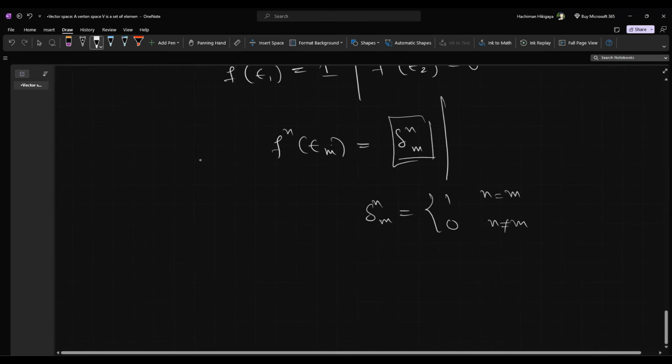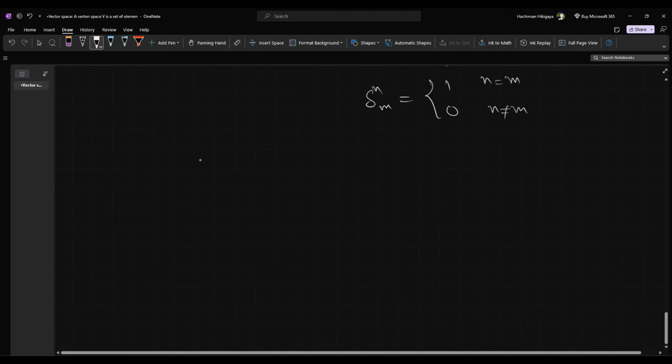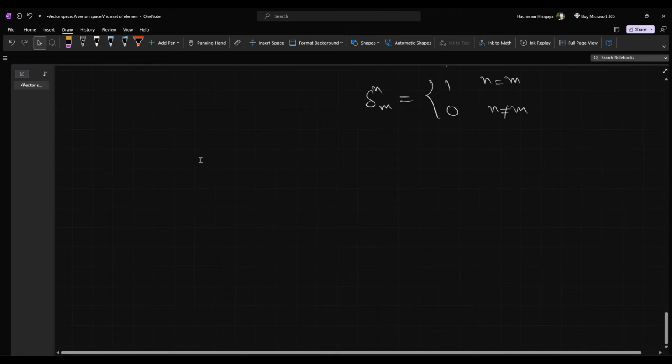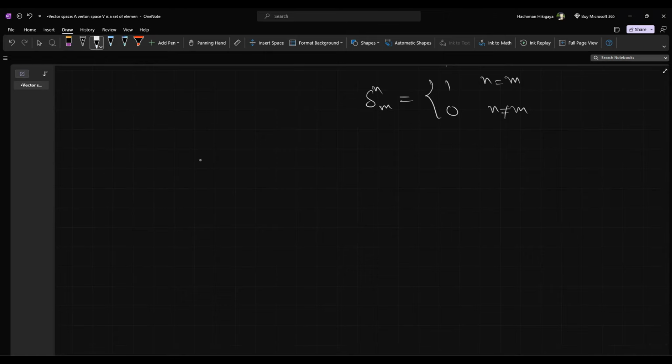Now you might have noticed how I wrote the basis of the dual space. I use the upper indices for the basis. Let's take an arbitrary element from our dual space V star, let's say f, and write it as a linear combination of the bases: a1 f1 plus dot dot dot plus an fn.